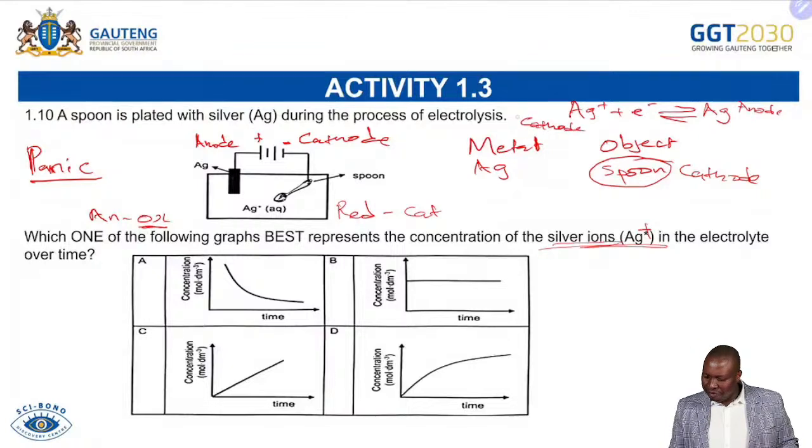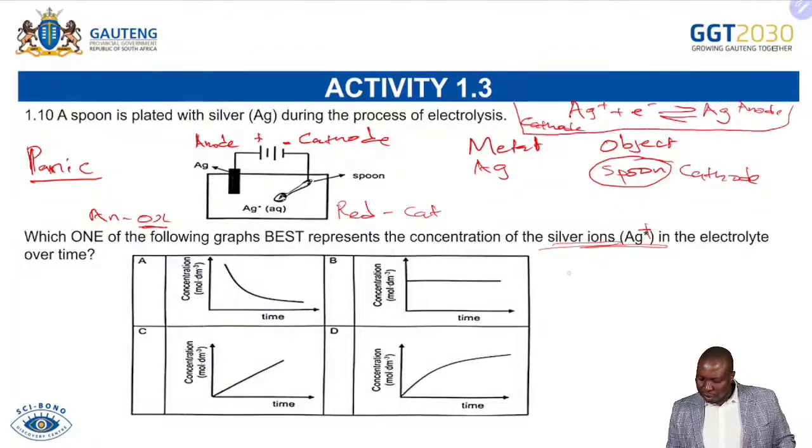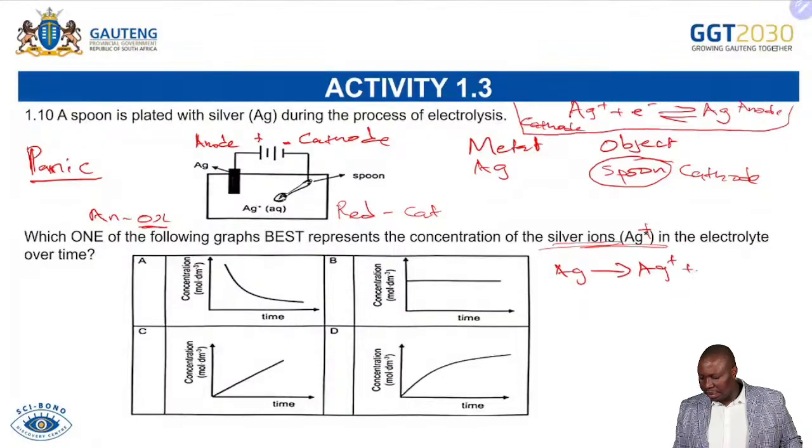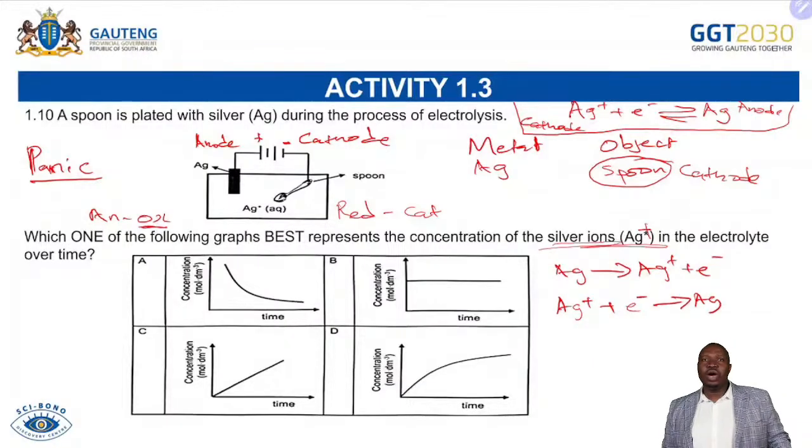So at the anode, Ag will lose electrons to form Ag+ plus an electron. At the cathode, we write the forward reaction, Ag+ plus an electron forming Ag. If the question was about the anode, this is the reaction you'd write, but this question was about the cathode.